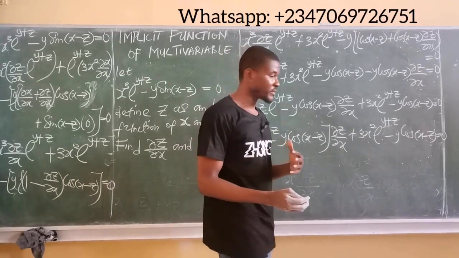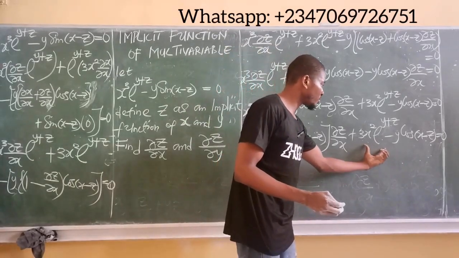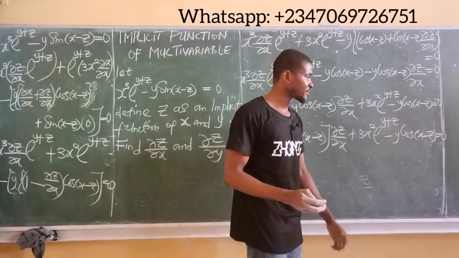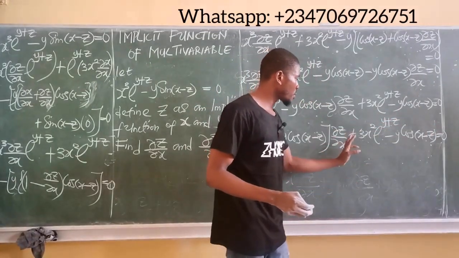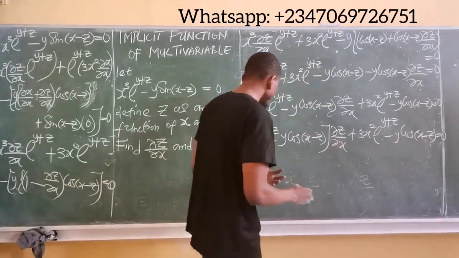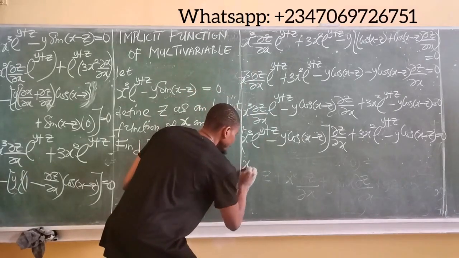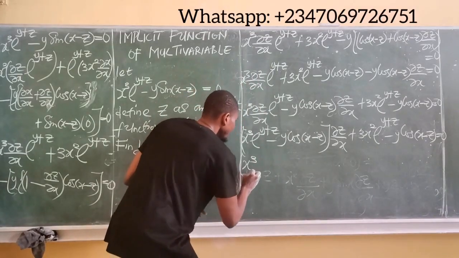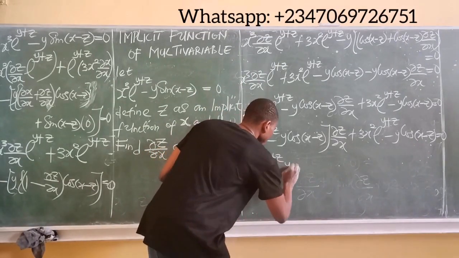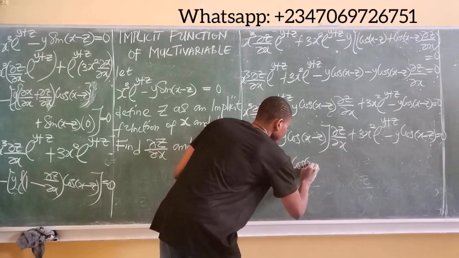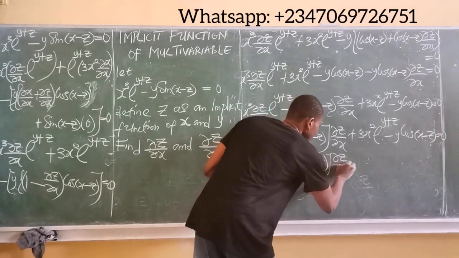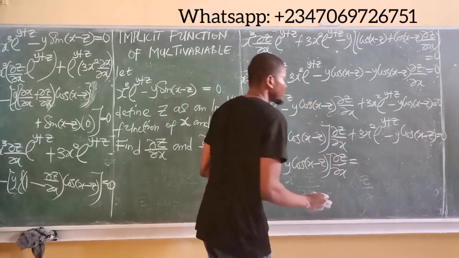Next thing to do at this point is send these variables over to the other side of the equation. So if I do this now, positive sign crosses an equal to sign gives me a negative value. So I'll have here left x cubed exponential y plus z minus y cos x minus z, all multiplying by partial derivative of z with respect to x, and that's simply equal to.